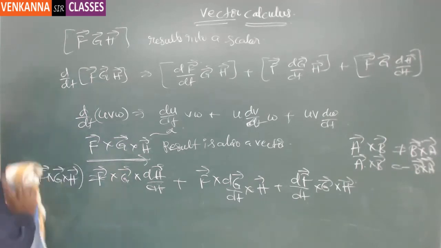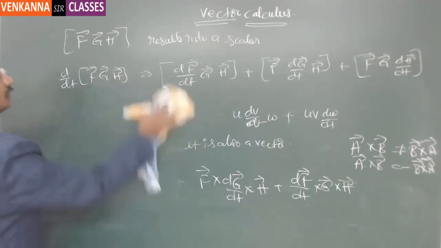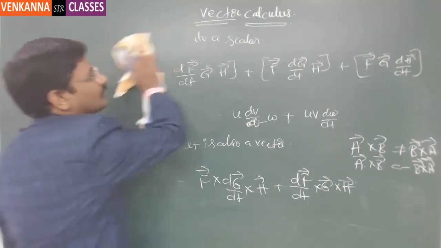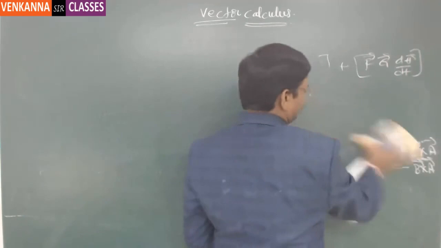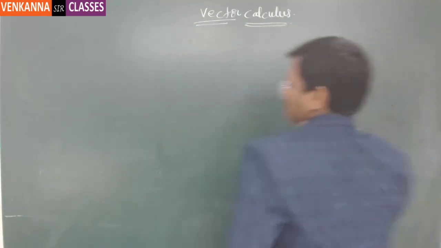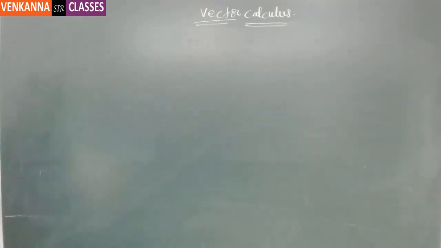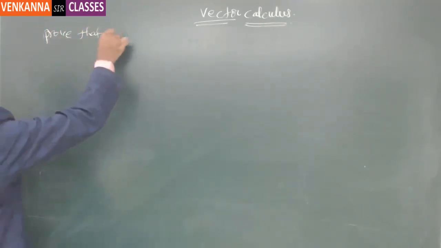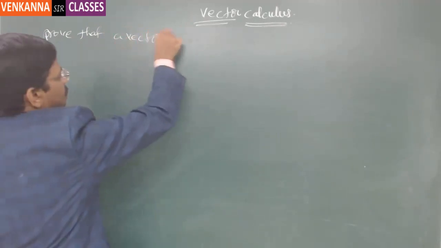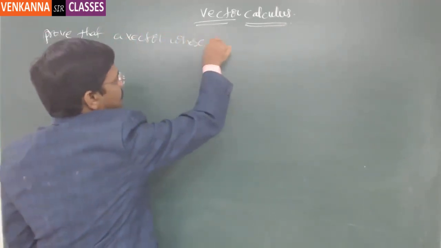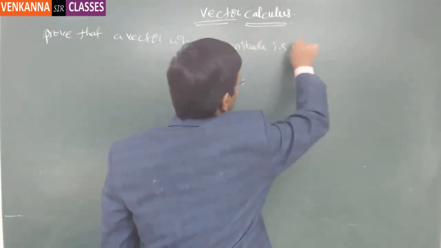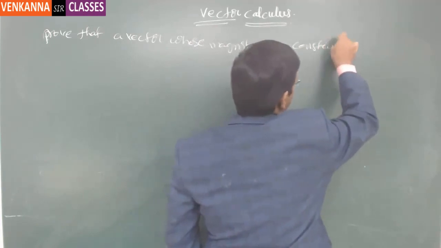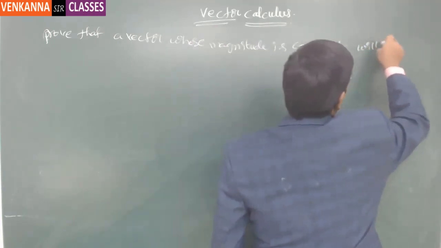Now, for a vector whose magnitude is constant, the derivative and the original vector are always perpendicular to each other. Now let us prove how that works. Prove that a vector whose magnitude is constant will be perpendicular to its derivative.